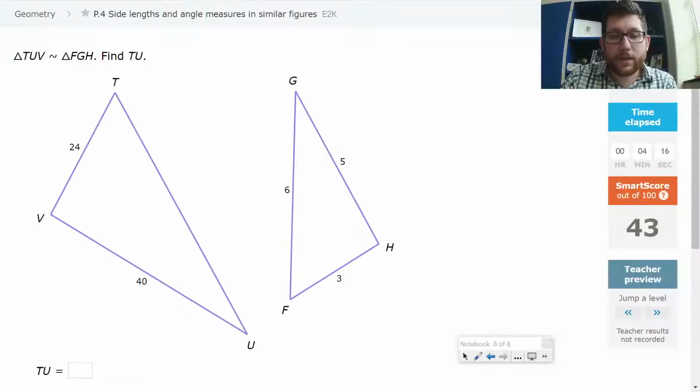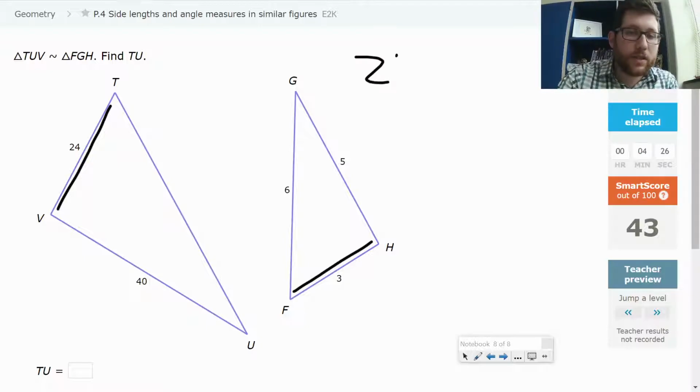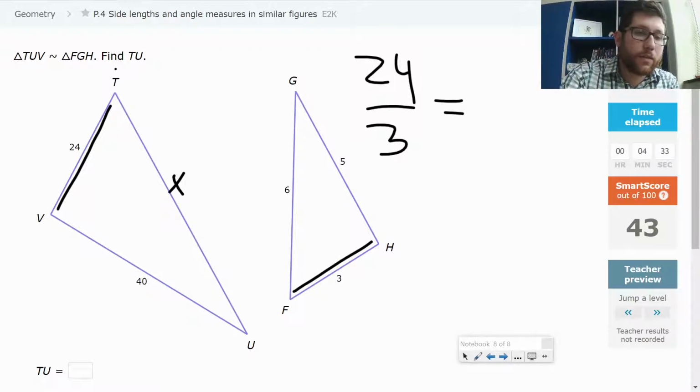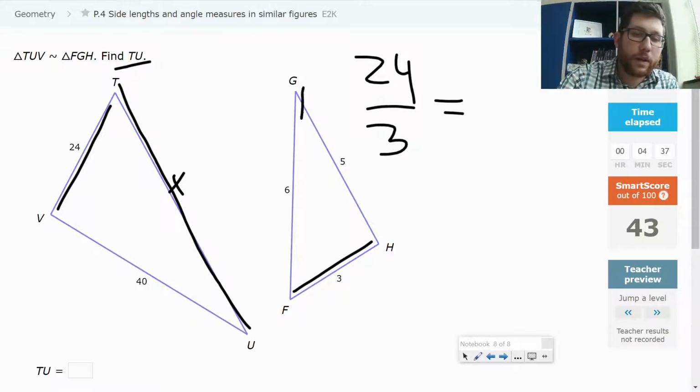Now, a lot of the times it's going to look something like this. Notice they've given us more sides than we need. It's okay. Just pick one that matches. I know this TV side matches this FH side. So I'm just going to set up left over right, 24/3. Look at what I'm looking for. I'm looking for that TU, find TU. So that's going to be my X, even though they didn't label it for me. I'm going to label it.